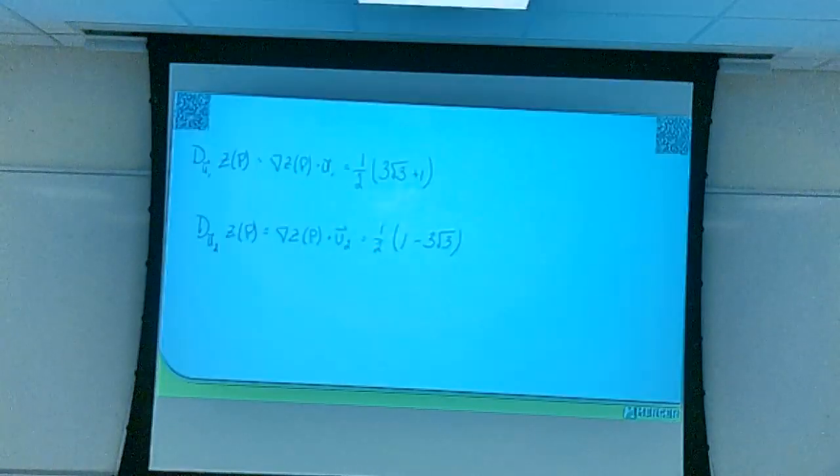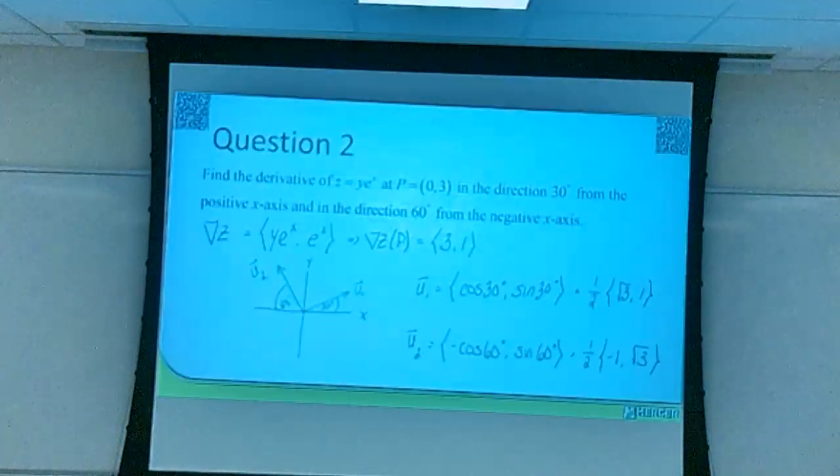There are your two derivatives. Oh wait, I'm sorry, it shouldn't be, should it? Maybe it's minus 3. Should be root 3 minus 3.